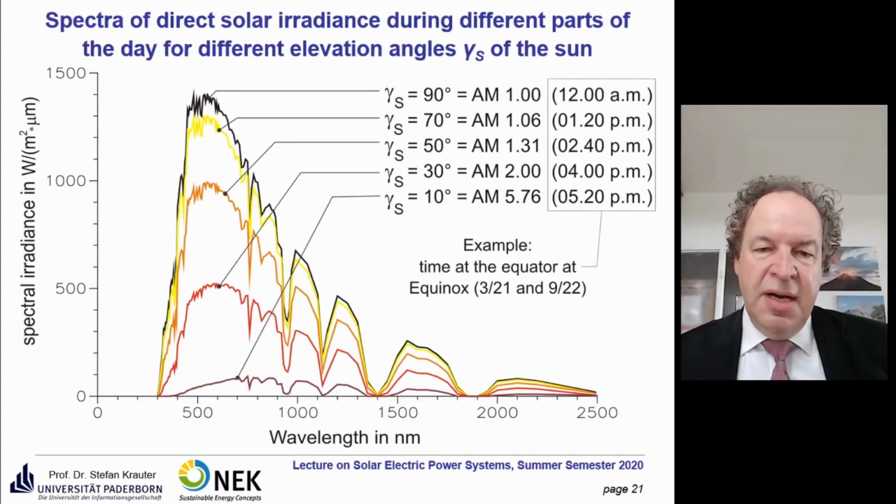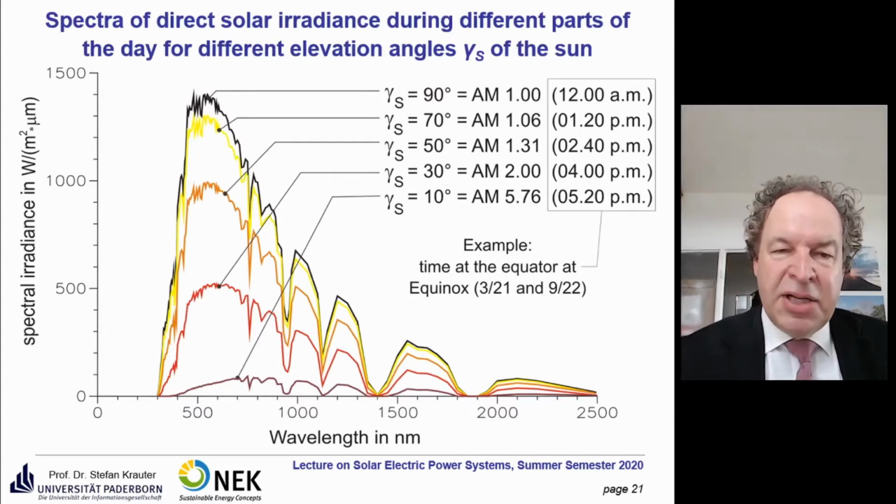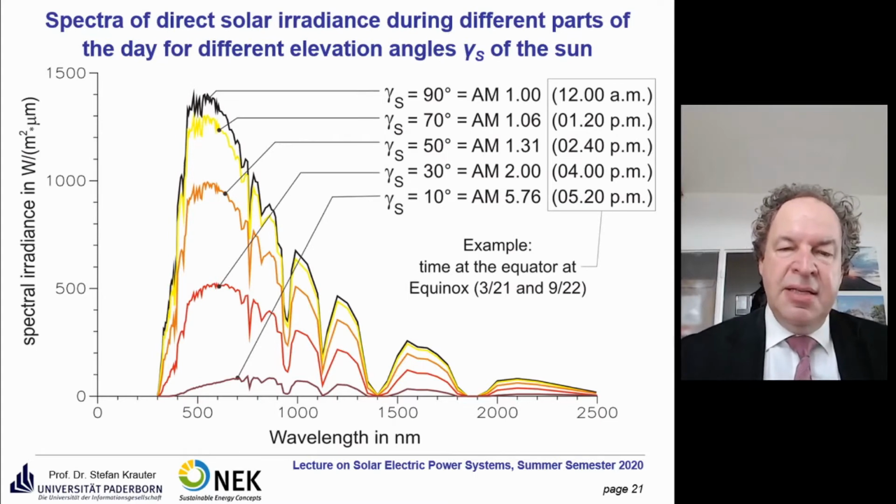So here we see an example for the equator at different daytimes and the actual elevation angle of the sun. The black line, what we see here on the top, is at an elevation angle of 90 degrees. That means we have AM1. That occurs during the so-called equinox, that means the 21st of March and the 22nd of September at midday.